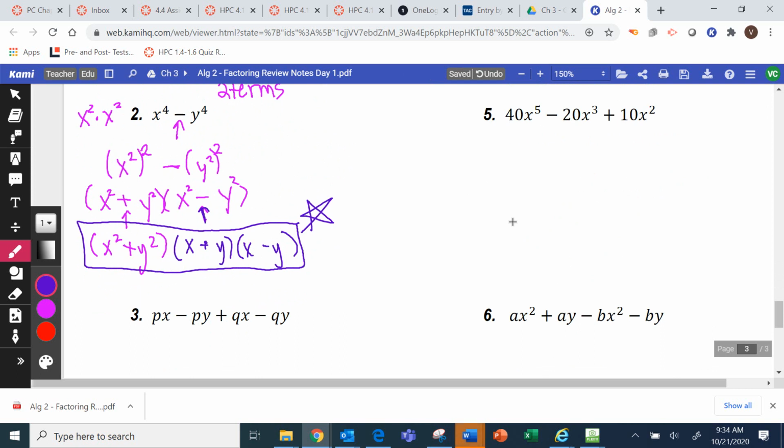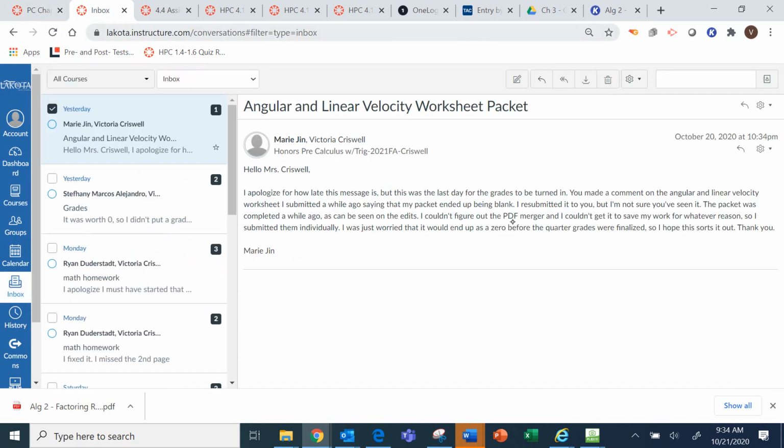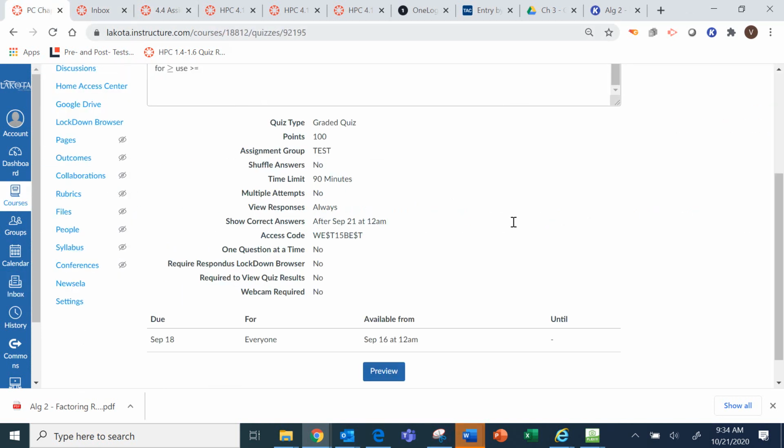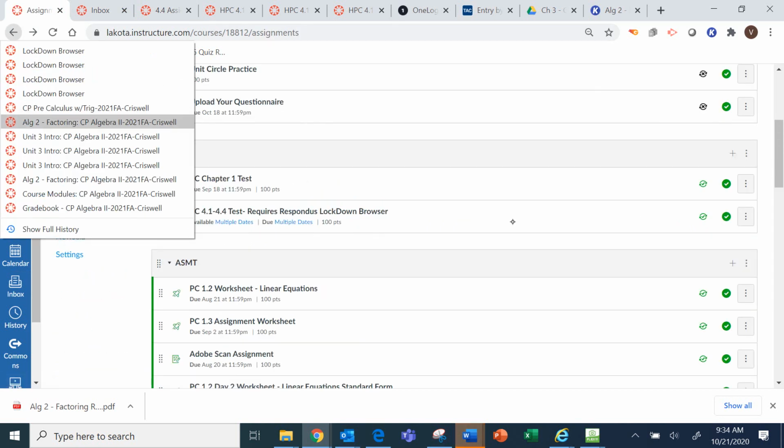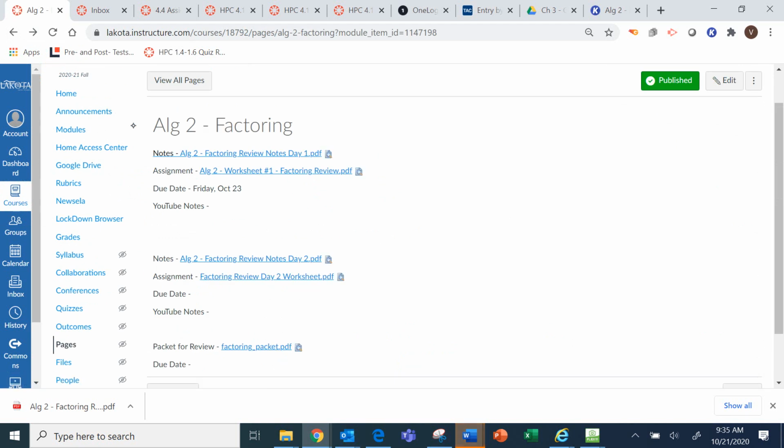Your assignment is just when you're in the modules. Oh, I'm not back in the module anymore. Hold on. Here it is. When you're in the modules, your assignment is just the first assignment, just this one. I have other stuff there because I didn't know how long we would take.